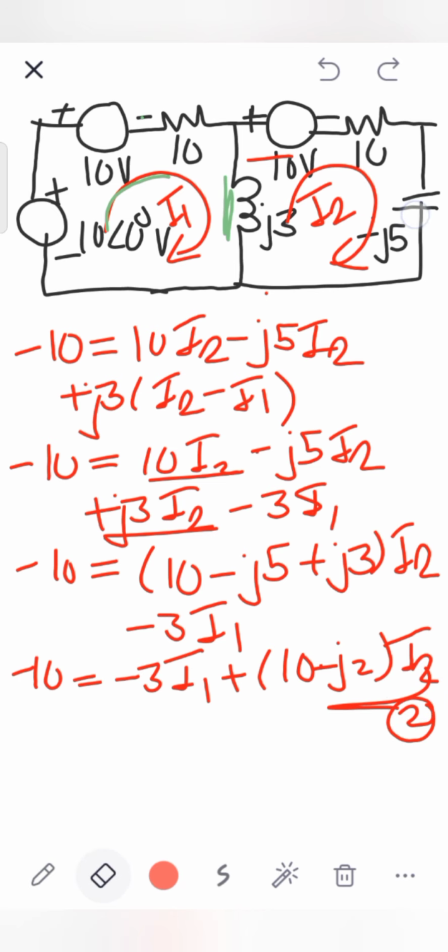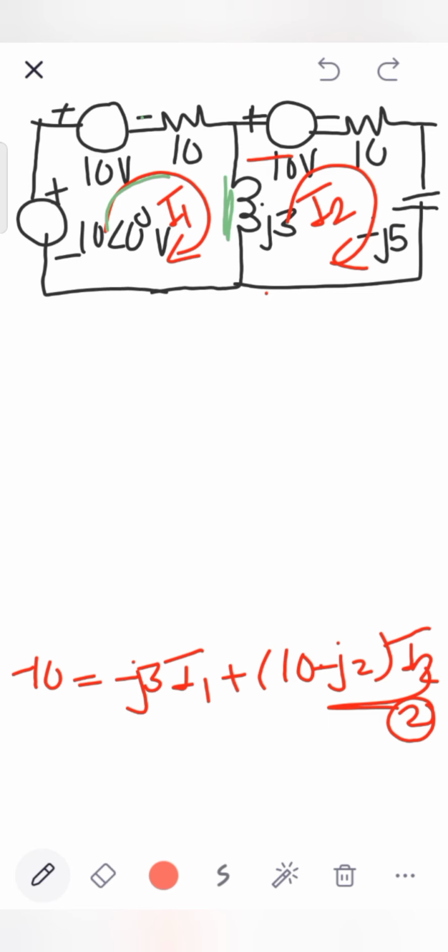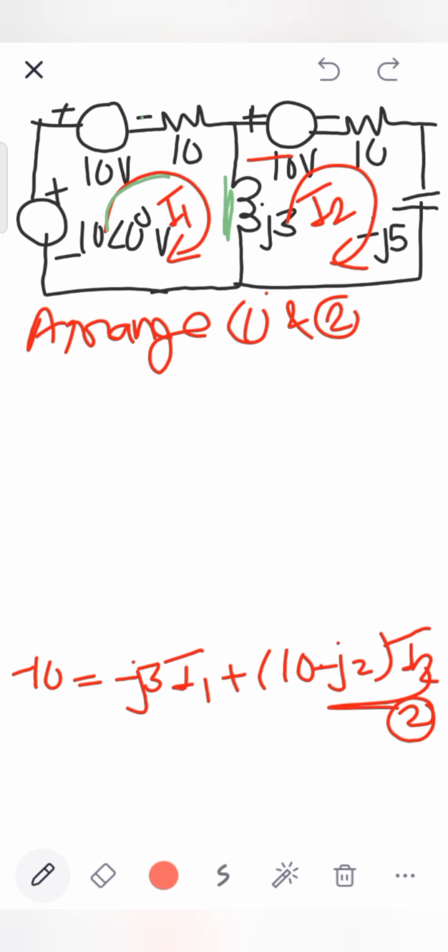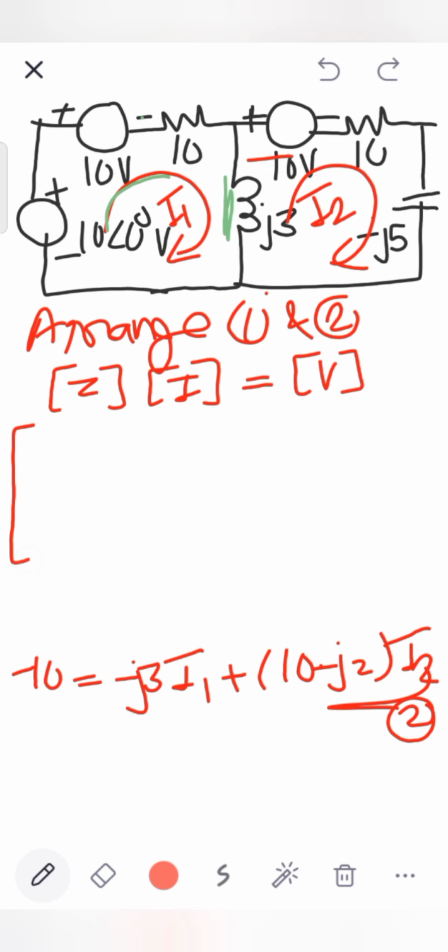Clear? It is a minus J3 I1 plus (10 minus J2) I2. Arrange equation number 1 and 2 in matrix form as Z I equals V. Z, how many loops?